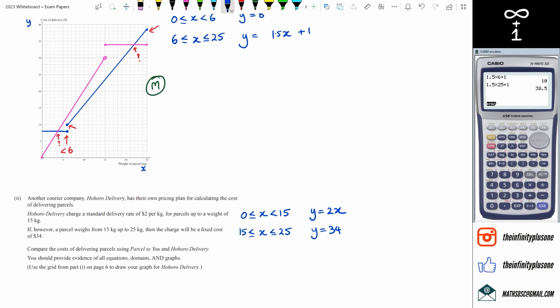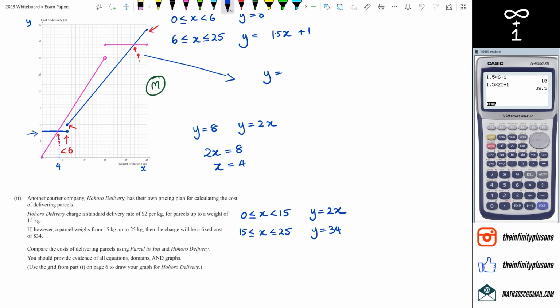The first one I'm going to work out is this point here. I know that I've got y equals 8 and y equals 2x. So when I put that, 2x equals 8, I'm going to get x equals 4. It's pretty obvious there because we can see it here. That's going to be 4. Now the next point is this point here.